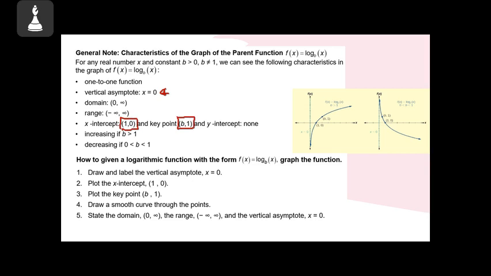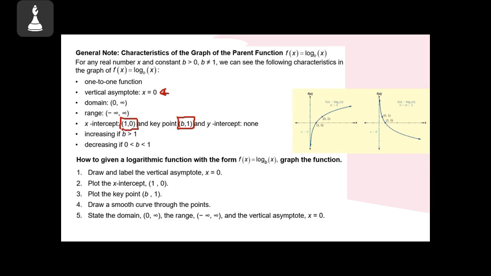So we can start with these and then determine how those points shift if there is a transformation, to be able to draw our graph. The graph looks increasing when b is greater than 1, and decreasing when b is between 0 and 1.